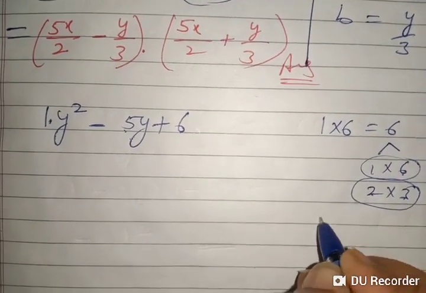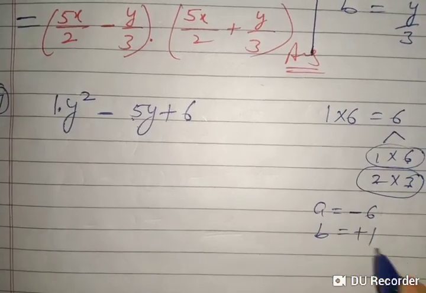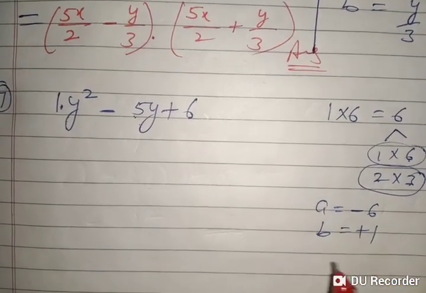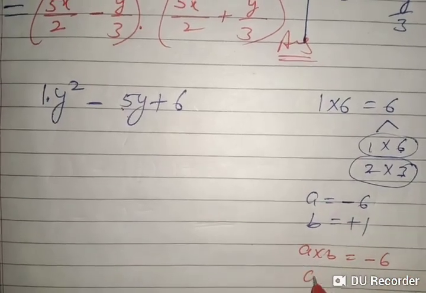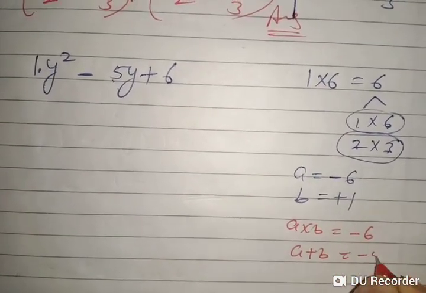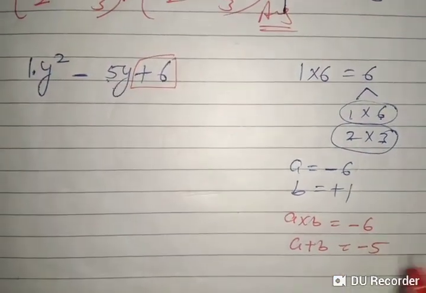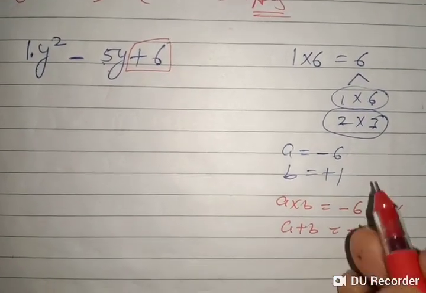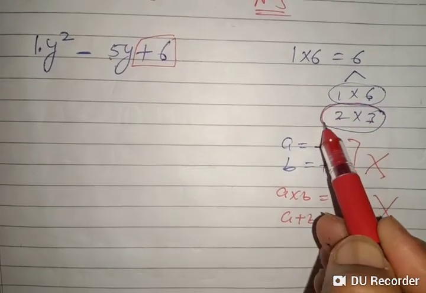Suppose I take A as minus 6 and B as plus 1. Now check the product: A into B here is minus 6, and A plus B here is minus 5. But which sign do I need here? Plus. So this is a wrong combination. Which is our perfect combination? 2 and 3.